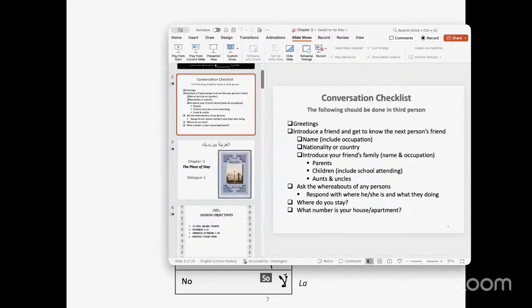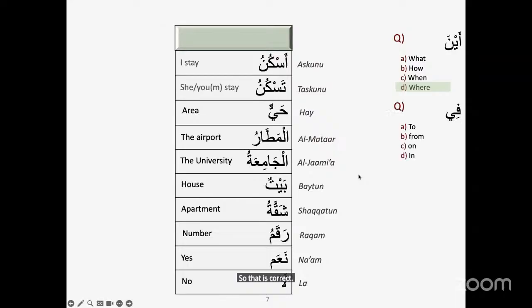So, Sister Kulsum, it is the first one. What is the apartment number? That's the most correct one, but both work. But the most correct is the first one. So that is correct. Aina is where, D, correct.